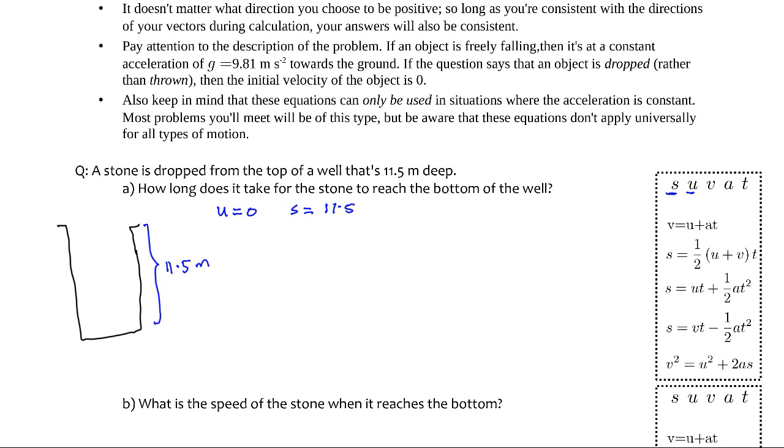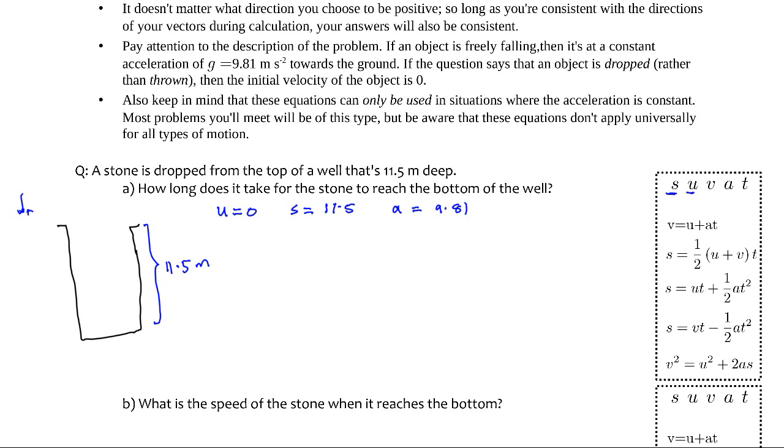Then what else do I know? This stone is dropped and it's just freely falling. So I know that the acceleration is equal to 9.81. Let me also define downwards to be positive. If downwards is positive, then the acceleration, because the stone is accelerating towards the ground, will be a positive value, and the displacement will also be positive because the object has moved downwards.